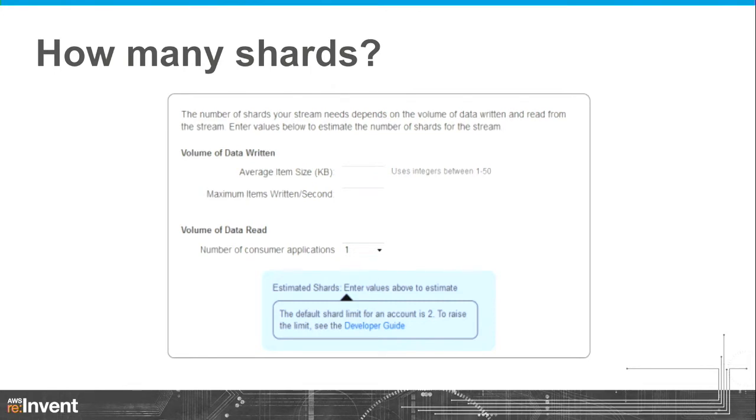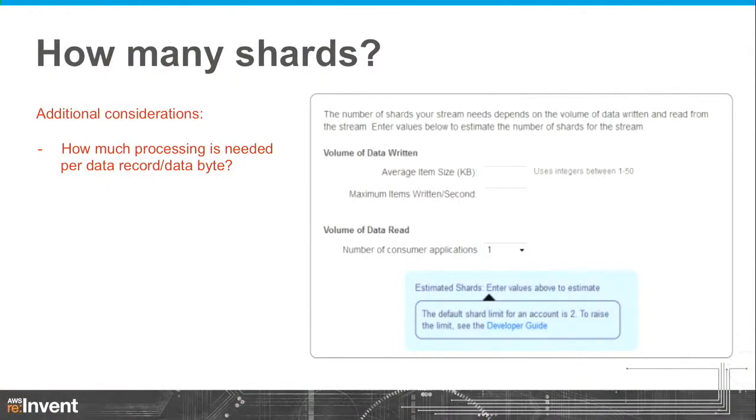It's also going to ask you how many applications you want to run in parallel, because that'll determine how much of your read capacity you need to provision. So it'll ask you all those things, and it'll suggest a number of shards. There are also some other considerations that you'll need to take into account, and I've mentioned them. If you've got heavy processing, and that's going to be the bottleneck for your system, you'll want to take that into account.